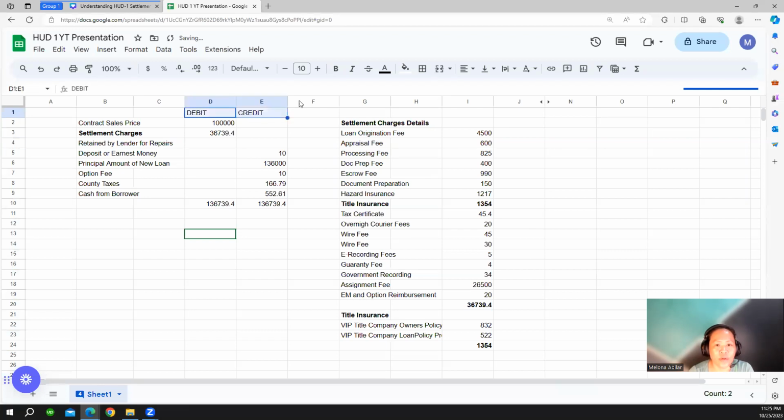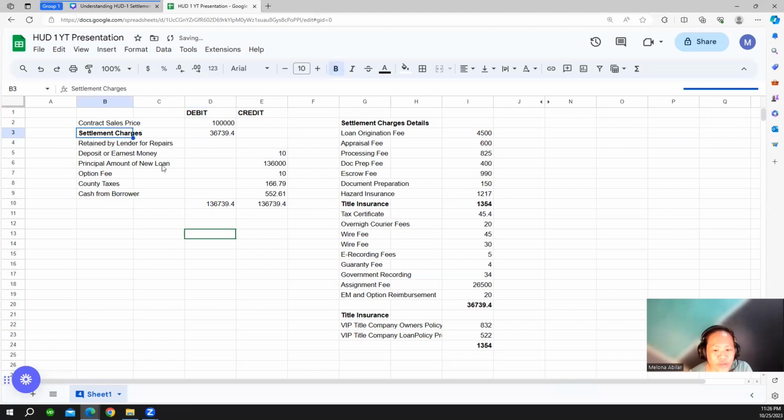When we enter this in QuickBooks Online, it will also show debit and credit in the journal entry. So the contract sales price, of course, is a debit because this will add up to the cost basis of the real estate property, which will be shown in your balance sheet.